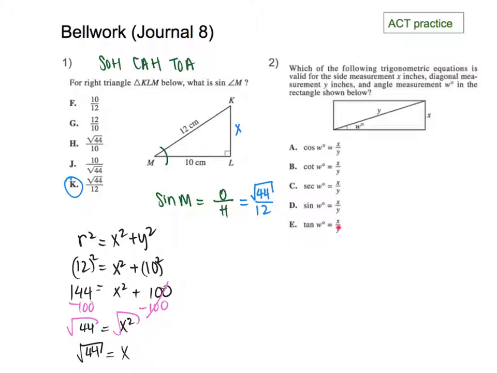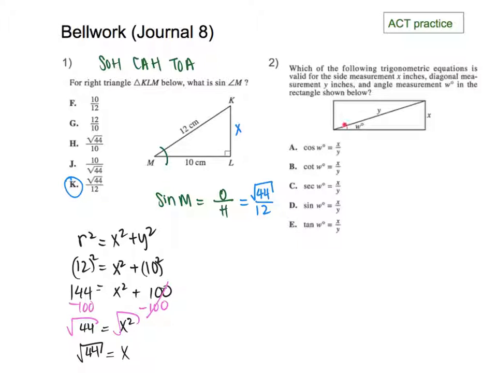And then this one here, we're going to take a look at. It says, which of the following trigonometric equations is valid for the measurement x inches, diagonal measurement y inches, and angle measurement w in the rectangle shown below? If this is w, it wants to know which of these trig functions is true.